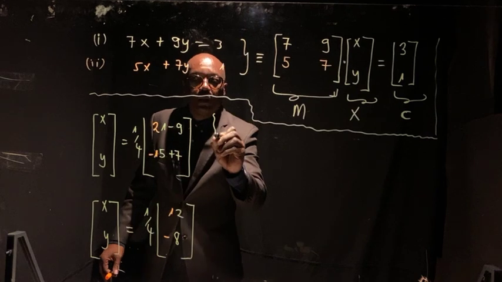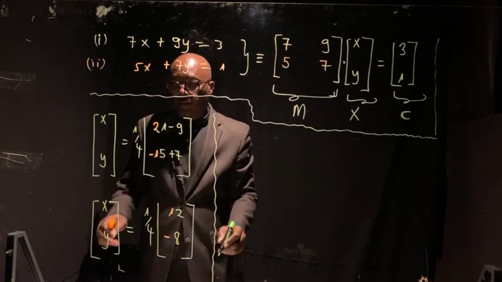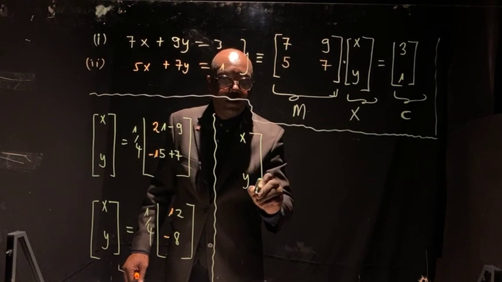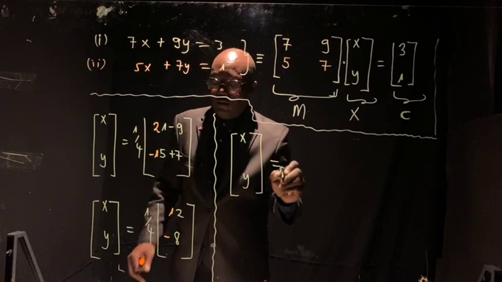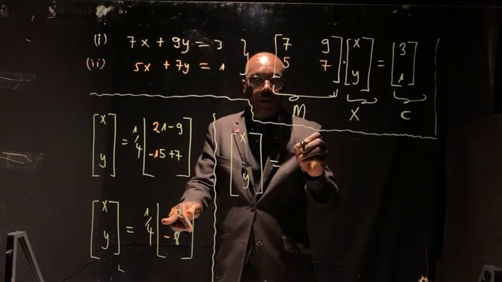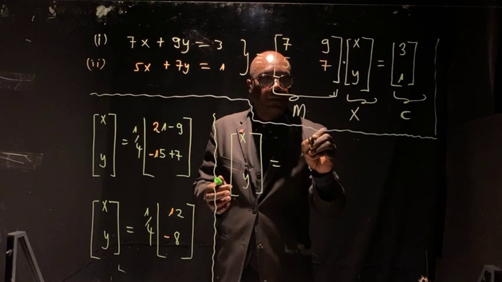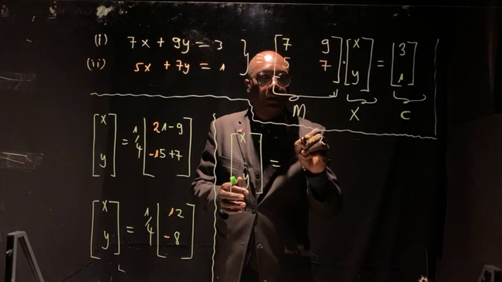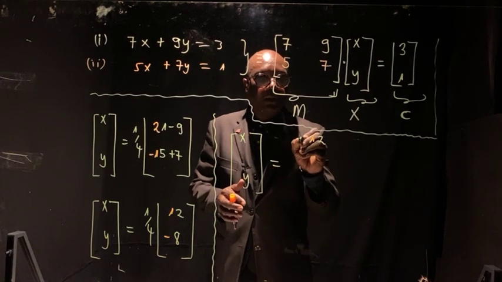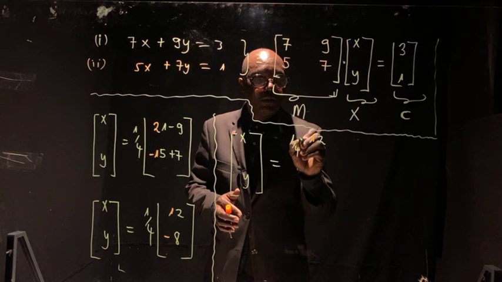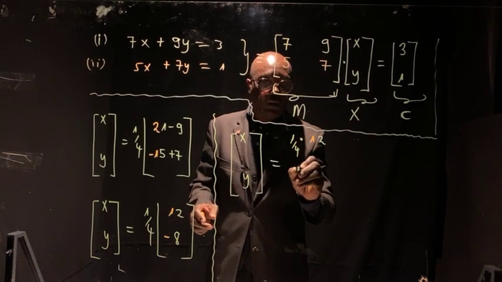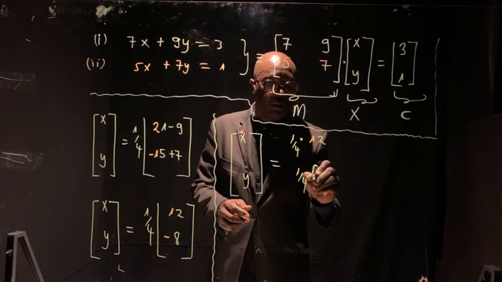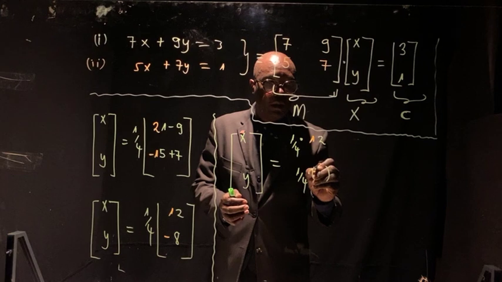So we have x and y equal 1 over 12 times, 1 over 4 times 12 and 1 over 4 times minus 8.